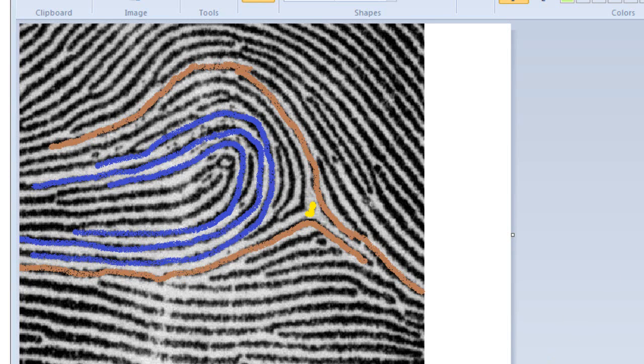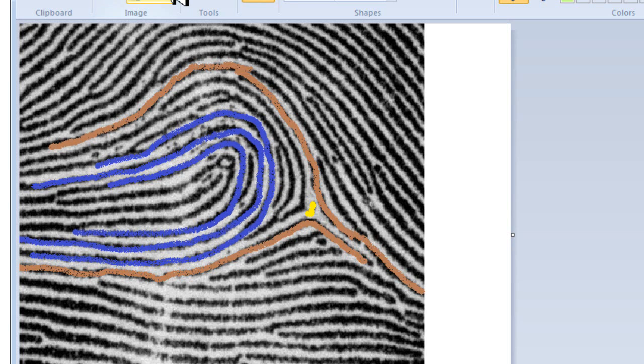The other thing that you should pay very close attention to and always consider, and that is the direction of the ridges starting from one side, recurving and returning. It is dependent on, most of the time, whether it's from the right hand or the left hand.